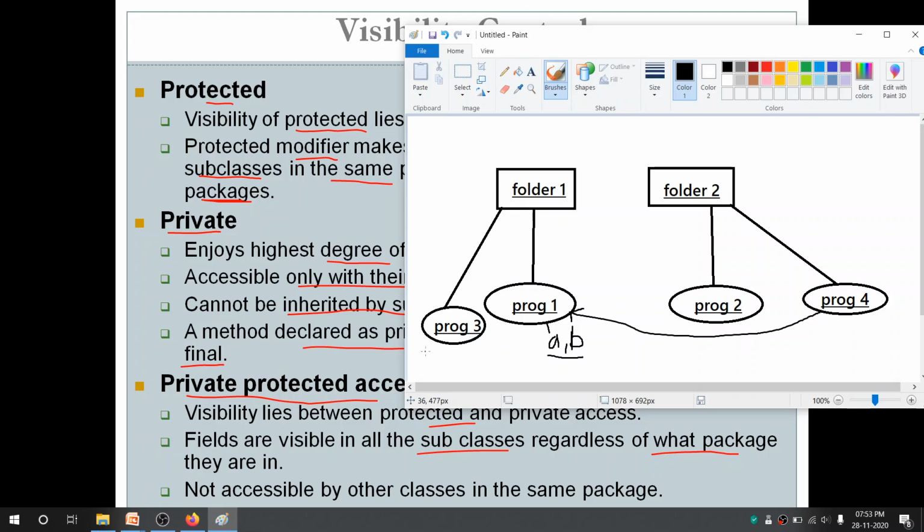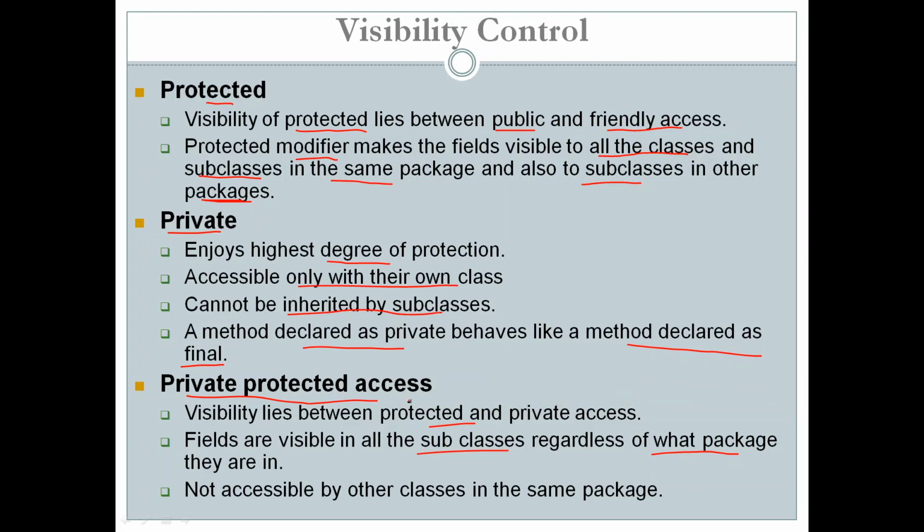But suppose program 3 is not a subclass of program 1, in that case the class in program 3 cannot access a and b. Only the subclasses can access private protected members. It can be in any package. Okay, that is private protected.